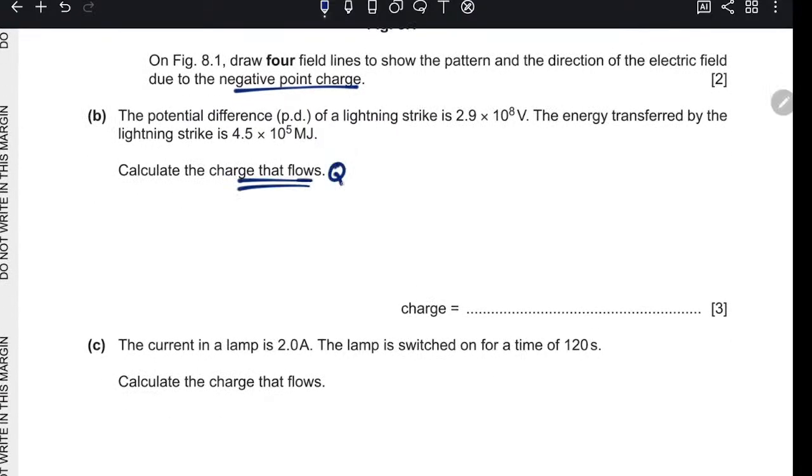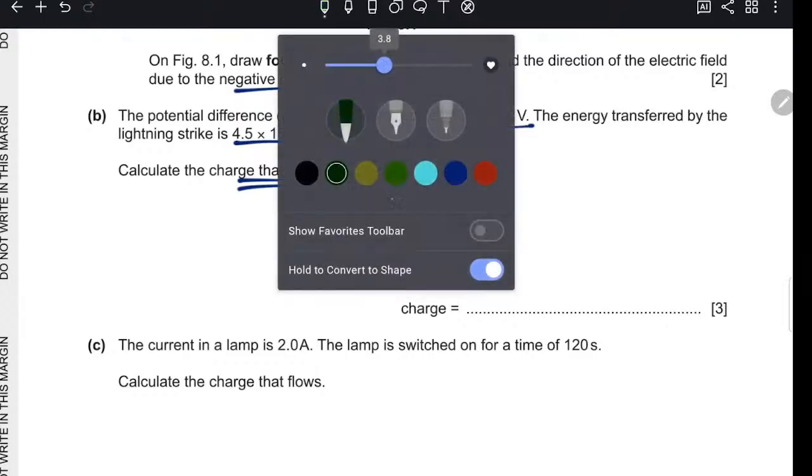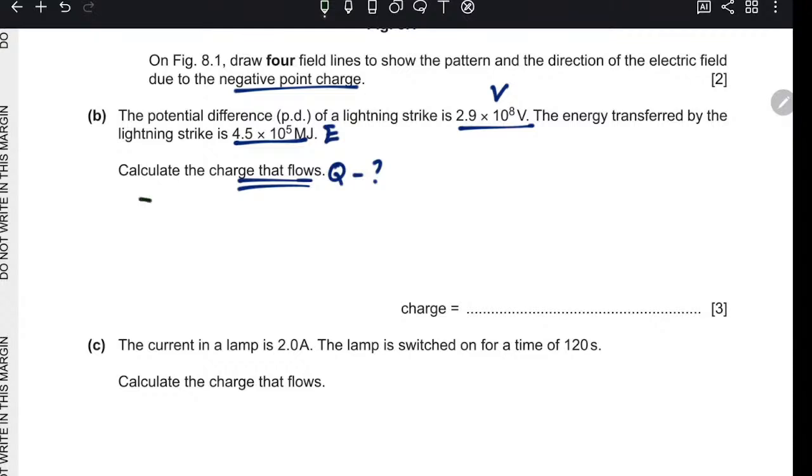Then here we have the energy E. What we remember is that the potential difference, or EMF, is the work done per unit charge, which is the energy over the charge. So we want charge, so we are going to swap. Q comes here, then you have E over V.